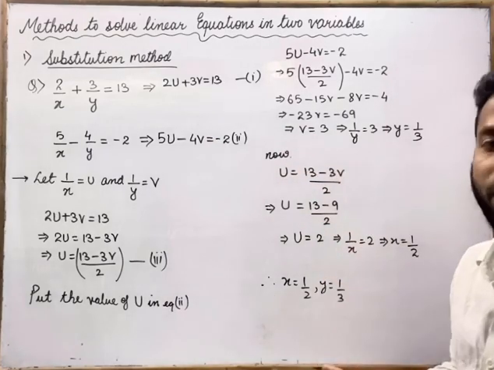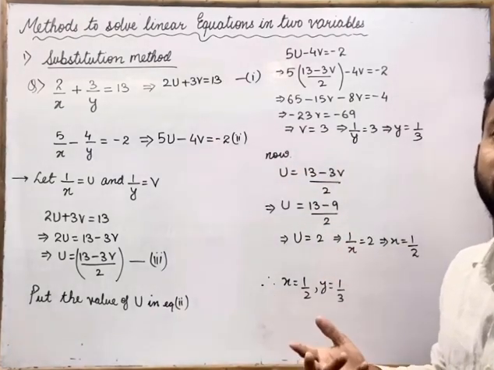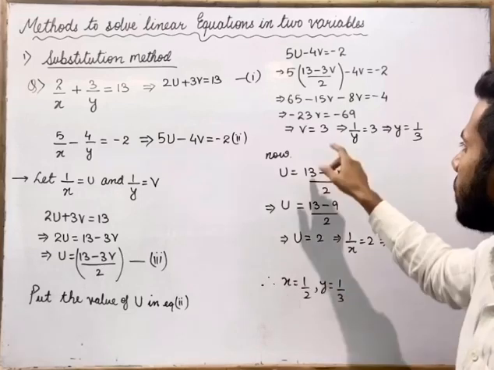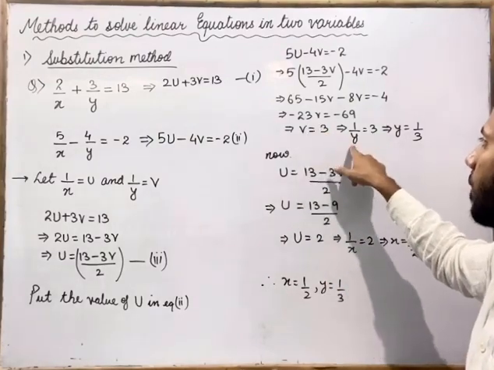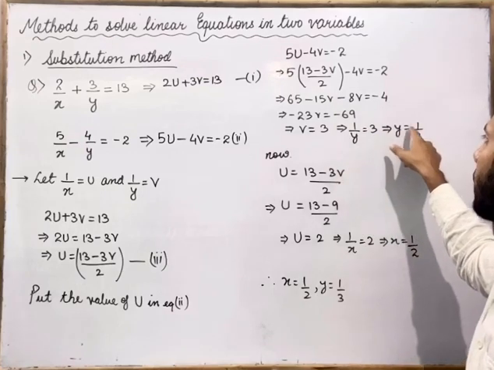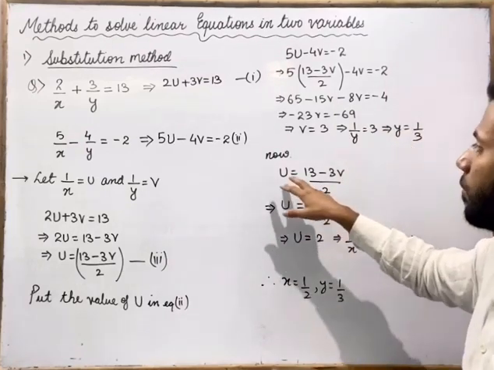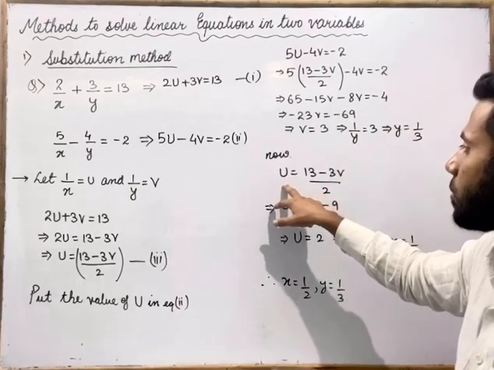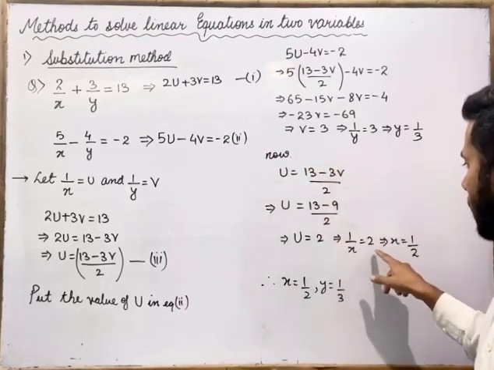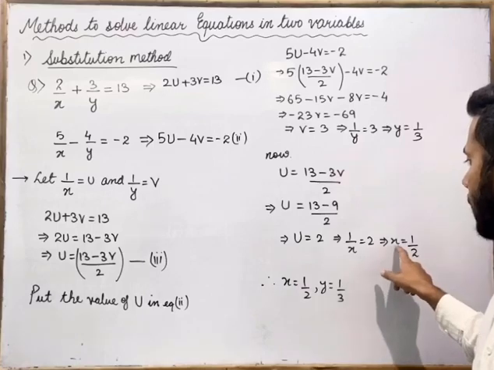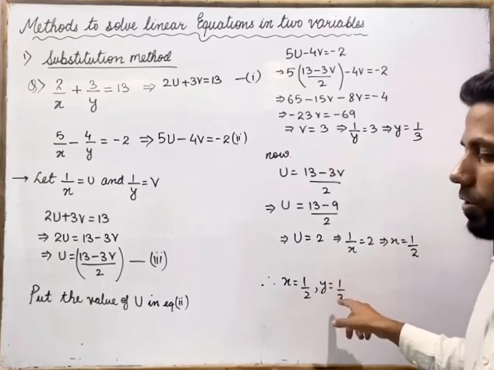Since you don't have to find the value of u and v, you need to find the answer in terms of x and y. So 1 by y equals 3, y will be equal to 1 by 3. Now you have to find the value of u as well. So u was equal to (13 minus 3v) by 2. Solve it, u equals 2, so x equals 1 by 2, y equals 1 by 3.